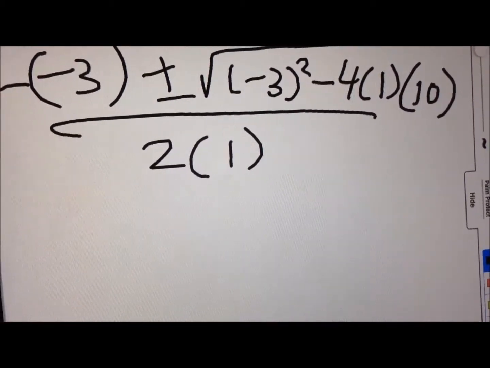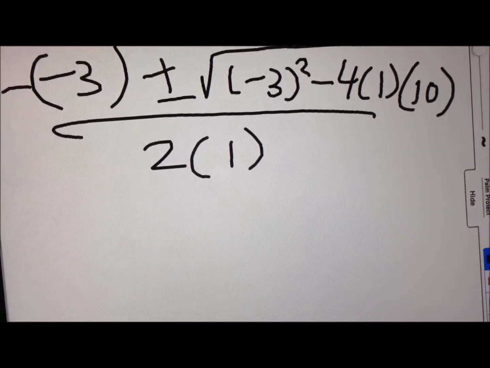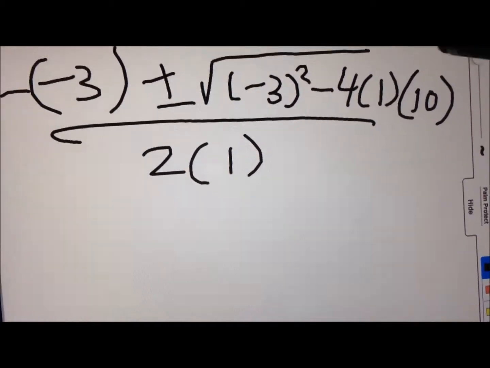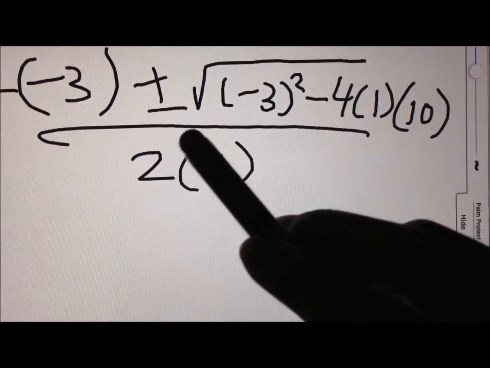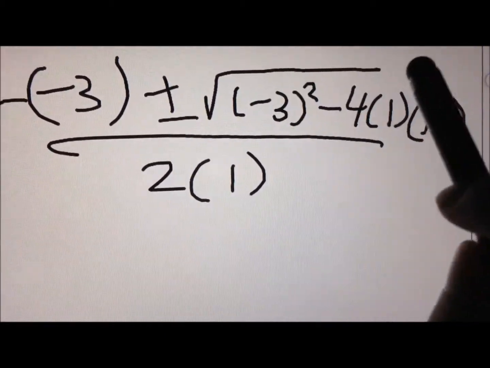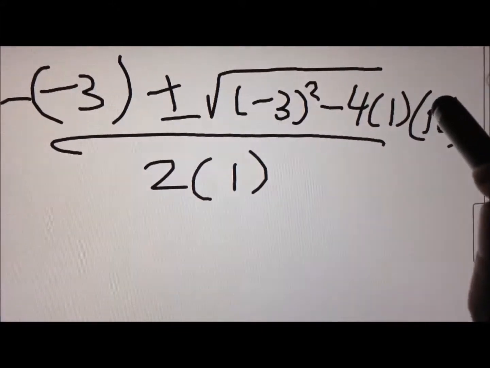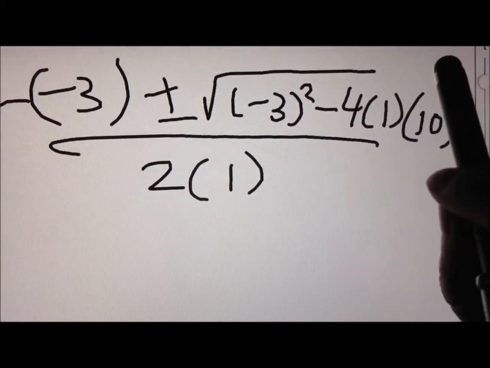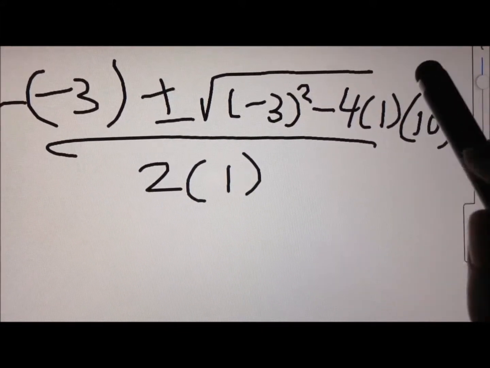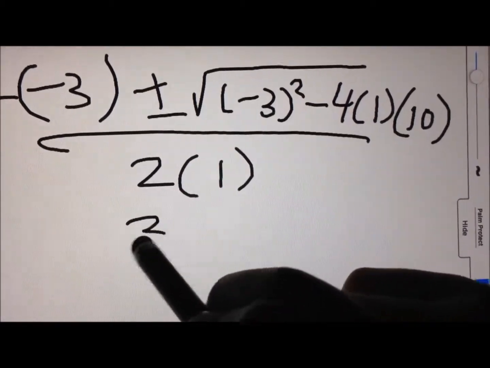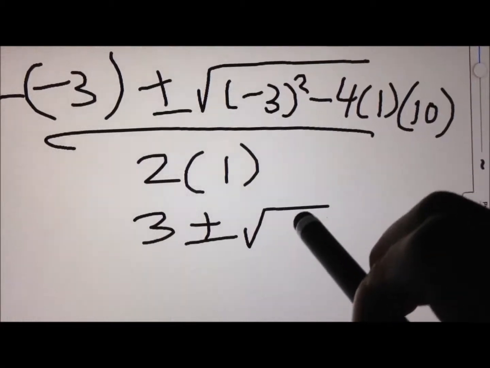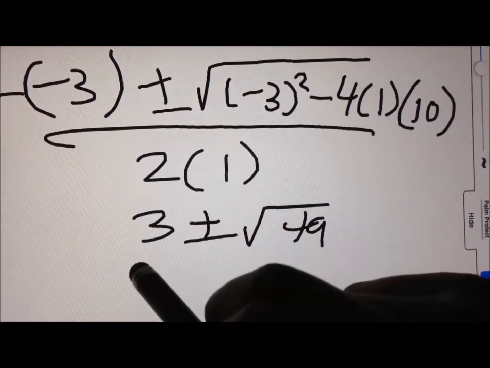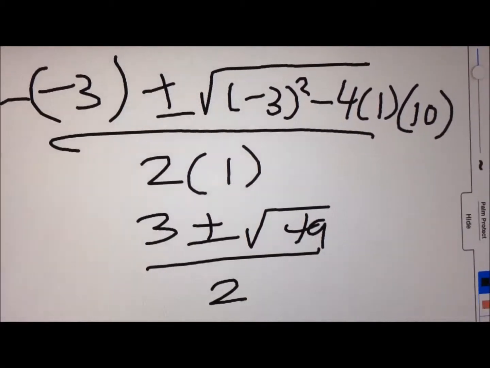Well, then we would simply solve it. And when we finish solving it, you would use the normal way of solving it, and you would end up with 3 plus or minus the square root of 49, over 2.